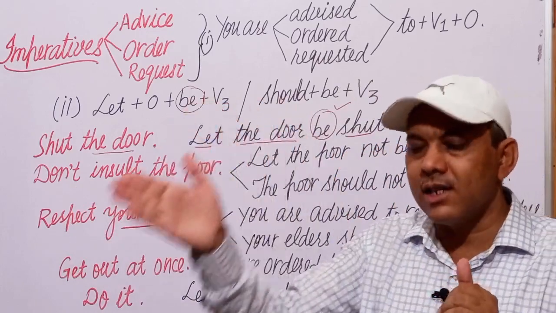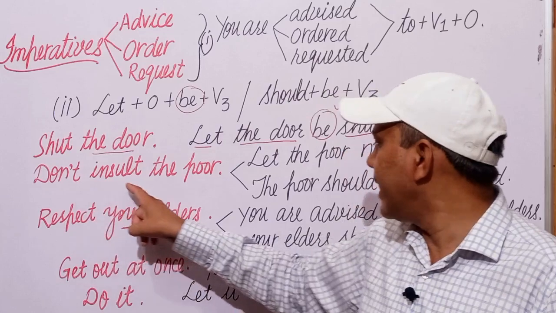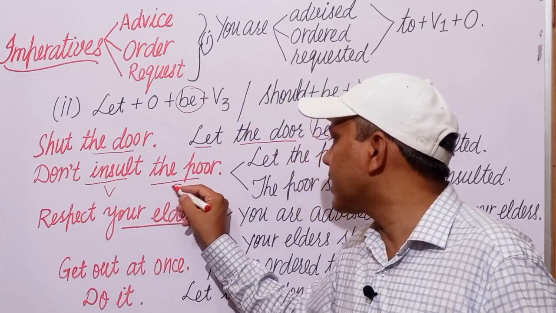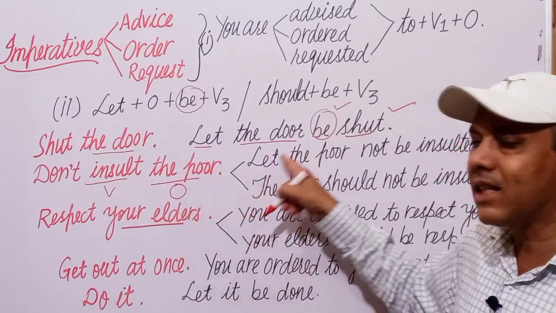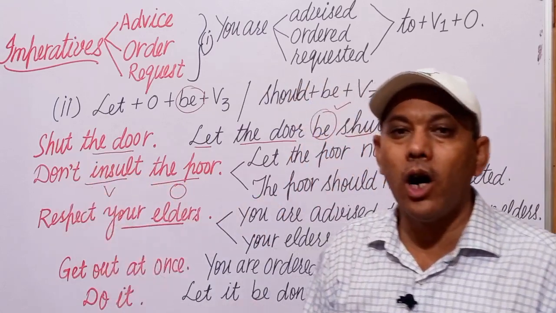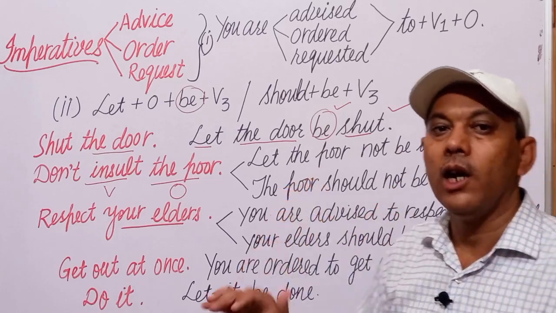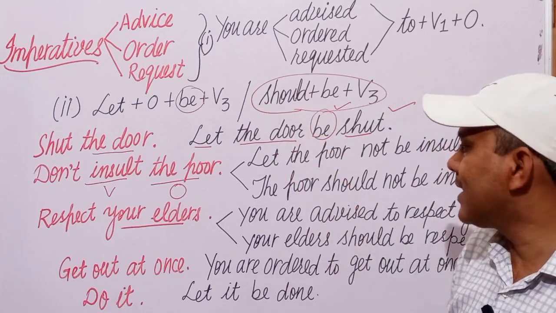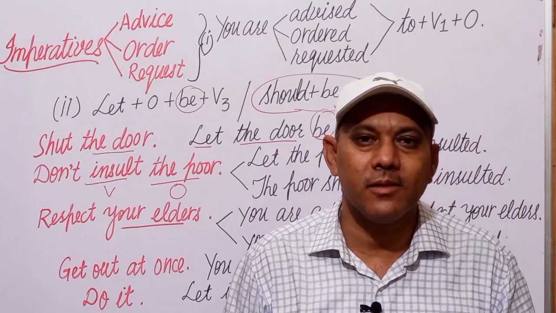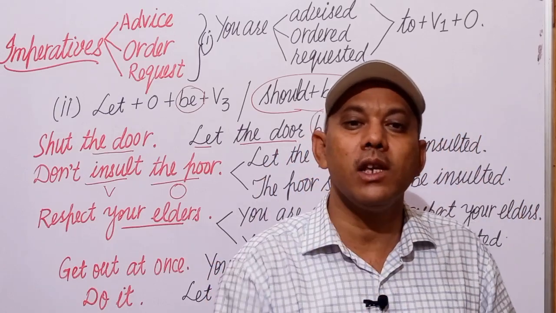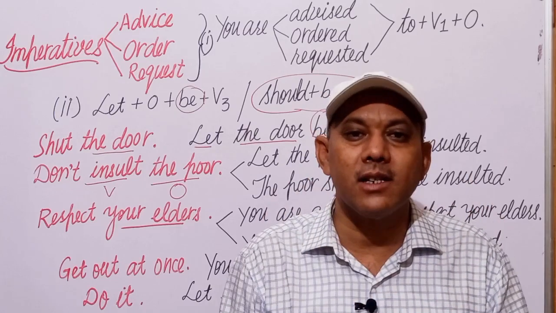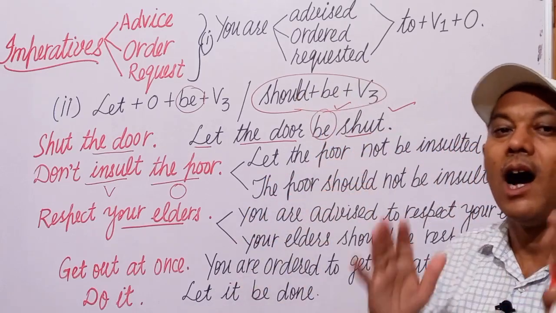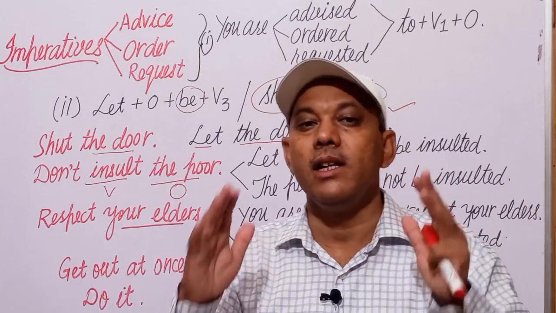It means someone was insulting the poor, and he says don't insult the poor. Here don't is the negative, insult is the verb, and the poor is the object. Let the object, let the poor, then we will write not be insulted. Let the poor not be insulted, or with the help of the should structure, we can say the poor should not be insulted. Being poor does not mean that anyone can insult them. The poor should not be insulted and let the poor not be insulted. Both the structures, both the patterns are the passive form of this sentence, don't insult the poor.